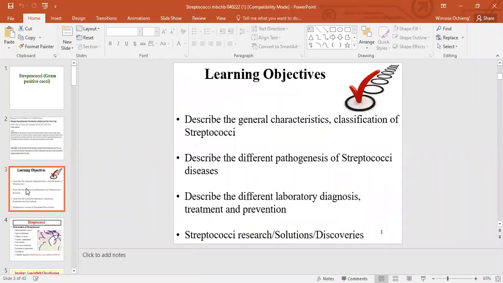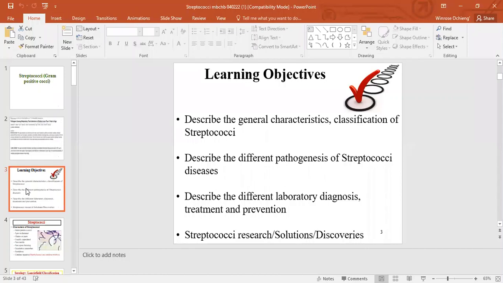So what are the learning objectives? Why are we doing the genus streptococci? Generally, we need to know the characteristics, know how to classify the genus so that we'll be able to know the medically important species under this genus. We'll be able to differentiate and tell the pathogenesis, that is, what are the virulence factors that the different medically important streptococcus species use.